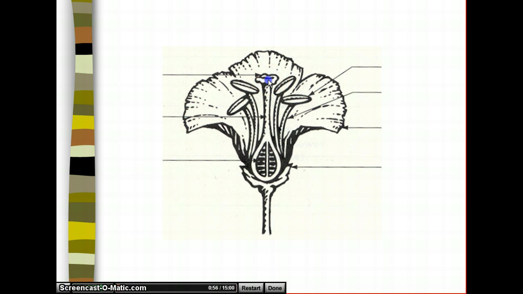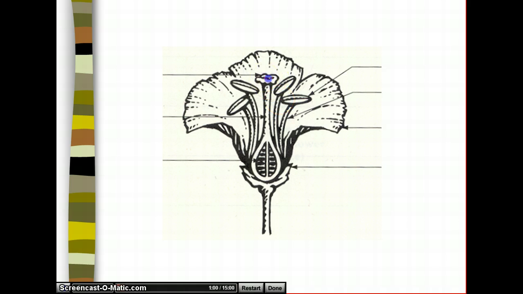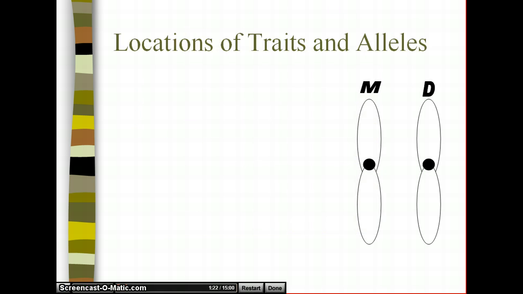So this part right here is the top of the female part, and this part right here is the male. The pollen grains come off this and land on that. So if Mendel puts a bag over this plant, then the only pollen that can land on that female is the pollen from itself. Therefore, it's self-pollinated.